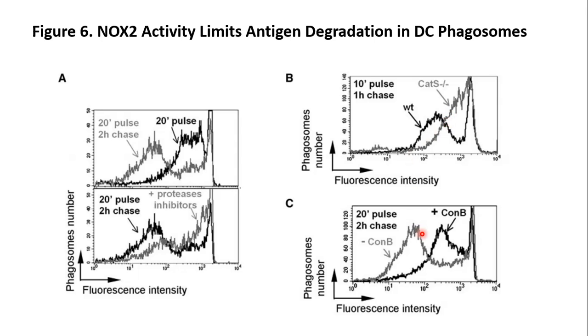In figure 6C, we can see a marked inhibition of OVA degradation, showing that the lysosomal proteases present in phagosomes are more active at a pH of 7.5 than at 8.